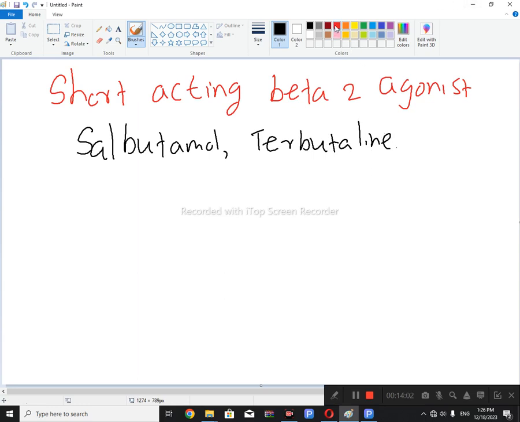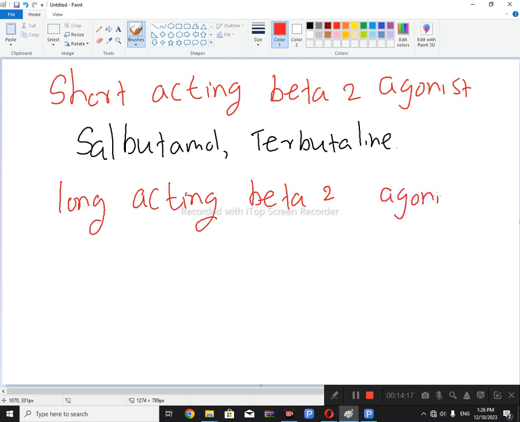Long-acting beta 2 agonists: salmeterol.